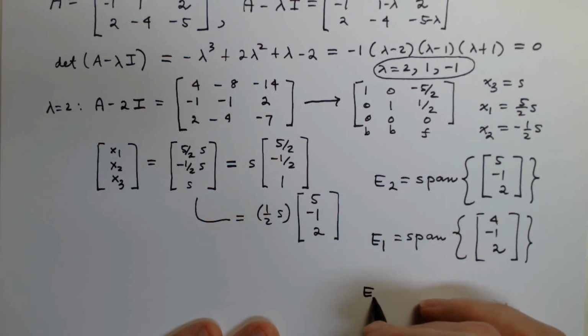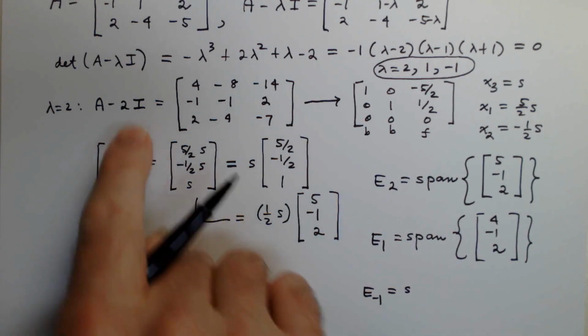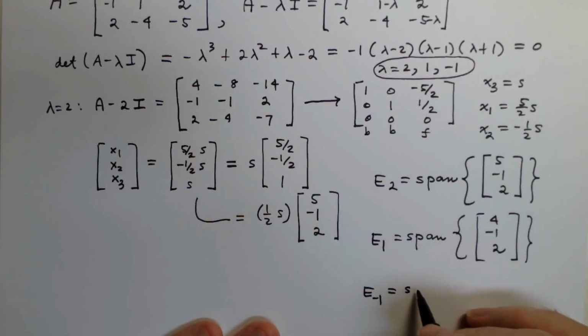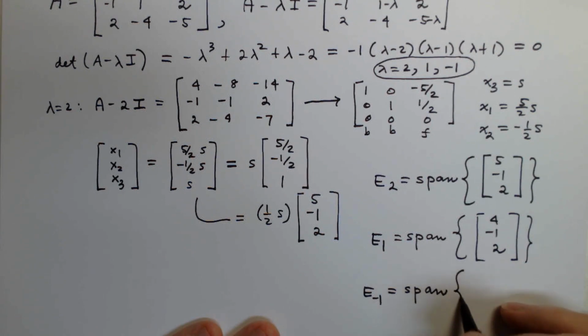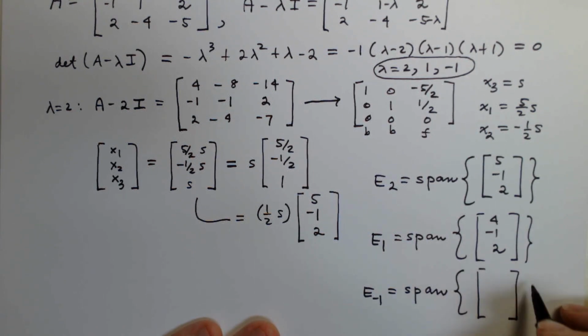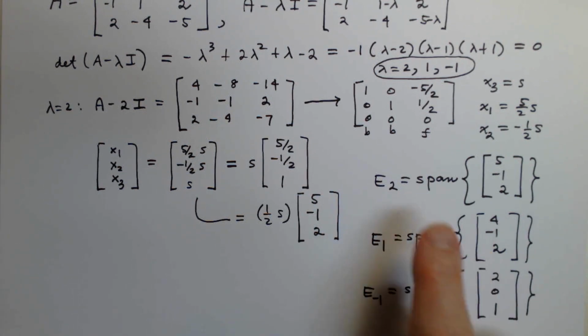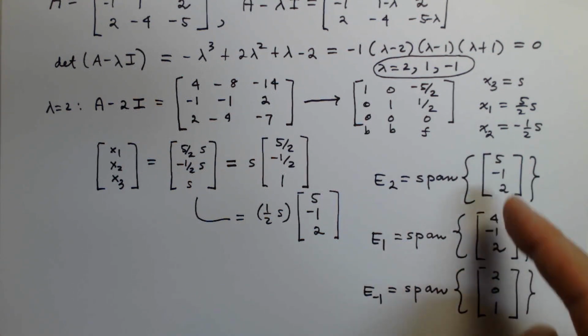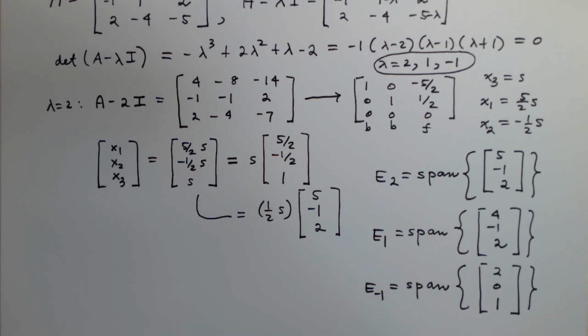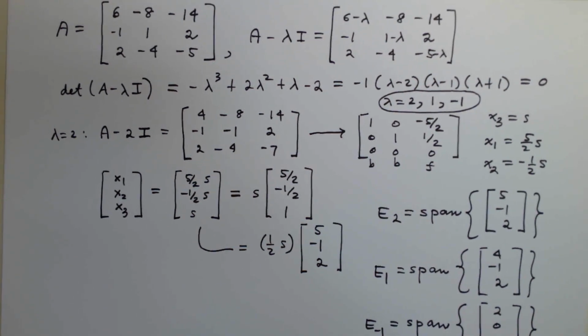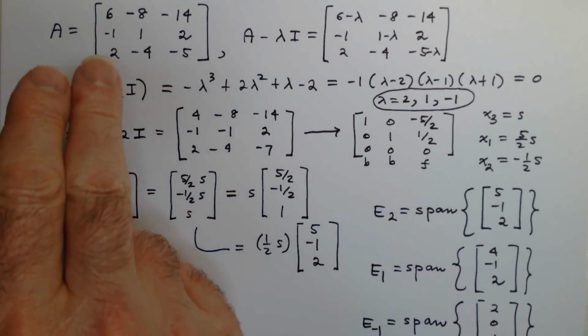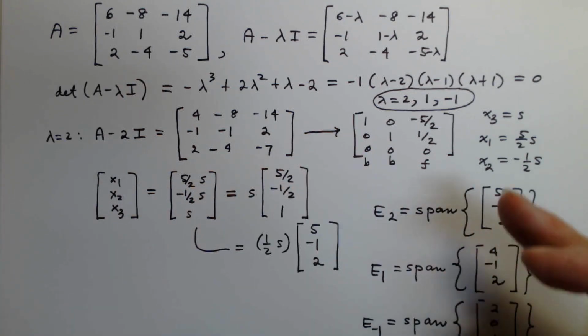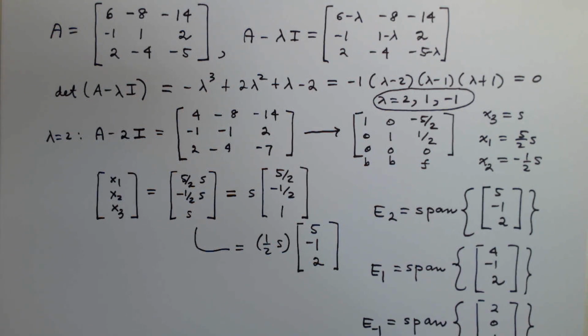And E sub negative 1, the eigenspace corresponding to lambda equals negative 1, is going to be the span of the single vector 2, 0, and 1. Okay? And so there are our eigenspaces that correspond to each of our eigenvalues. In each case, we have a one-dimensional eigenspace, or a one-dimensional null space, if you will. All right, so in principle, that's how we can take a 3 by 3 matrix, find its complete list of eigenvalues, and then work out the eigenspaces corresponding to each of those eigenvalues.